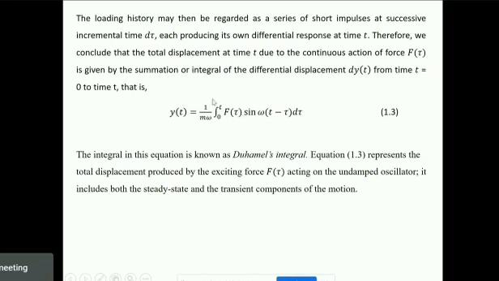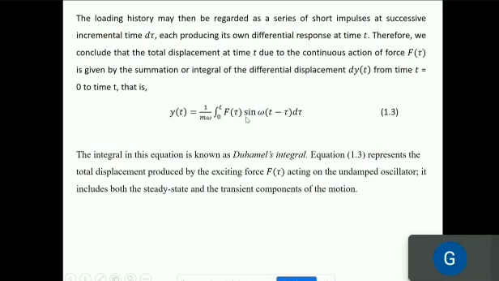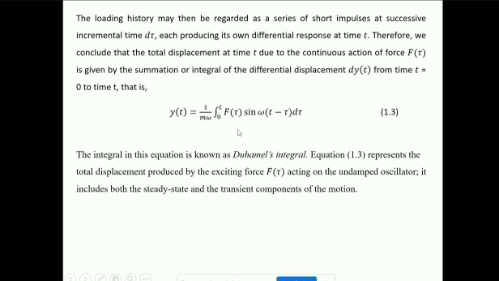If f(tau) is an integrable function, we can carry out this integration analytically. If it is not possible, then we can do numerical integration. This integral is known as the Duhamel integral. So we are utilizing the concept of Duhamel's integral for getting the response for any general type of loading.